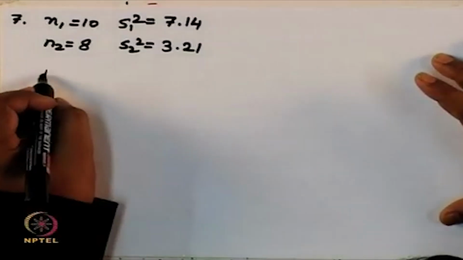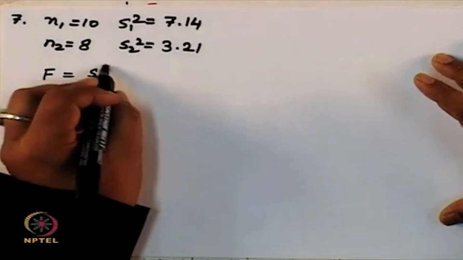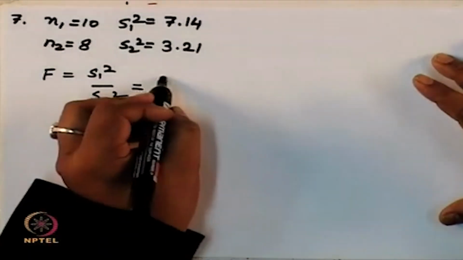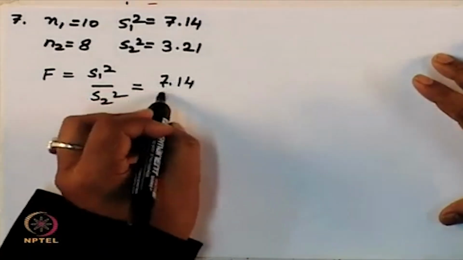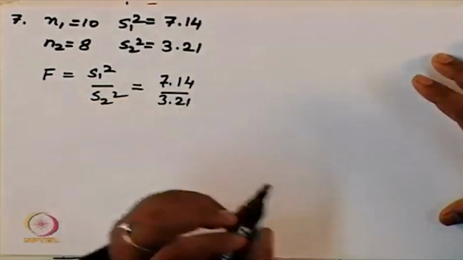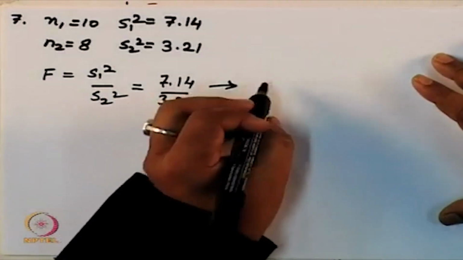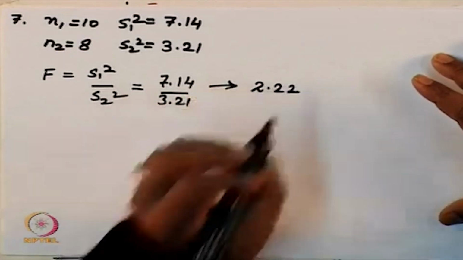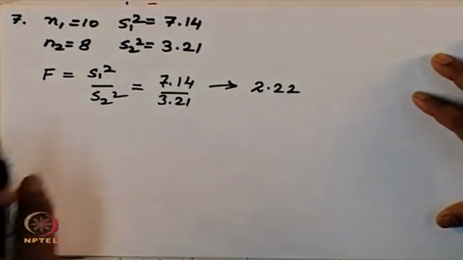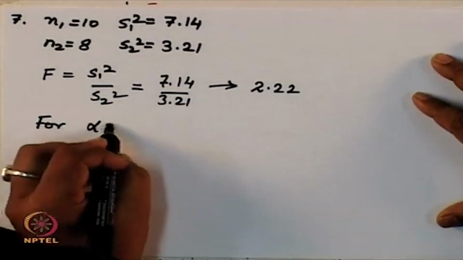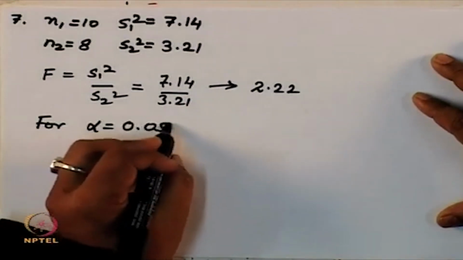I have defined f as s1 square by s2 square as my test metric. So, in this case it is simply 7.14 by 3.21, and you get a corresponding value of f equal to roughly 2.22.